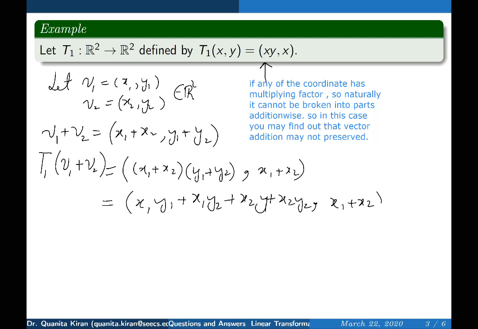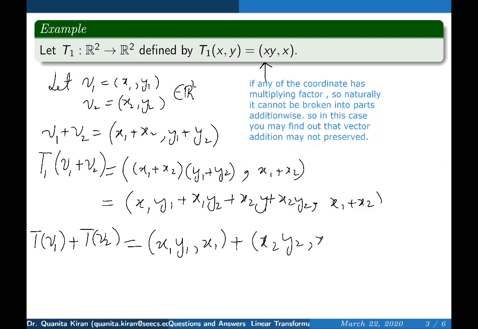And you will see that if we add these images, then they become x1 y1 x1 plus x2 y2 x2, and it becomes x1 y1 plus x2 y2 and x1 plus x2.